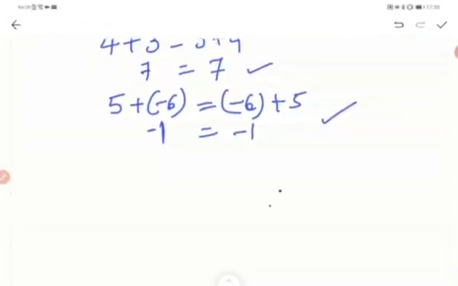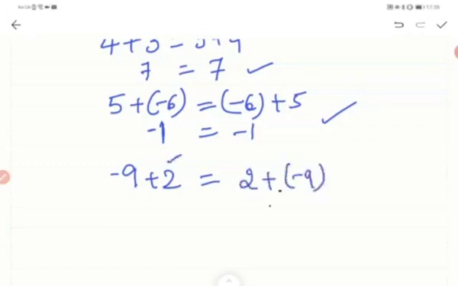Let me take one more, minus 9 plus 2. If I take this as 2 plus minus 9, I'm just swapping a and b. What is the output here? Minus 9 plus 2 is what? Subtracting 2 from 9, we get 7, and it is minus 7.